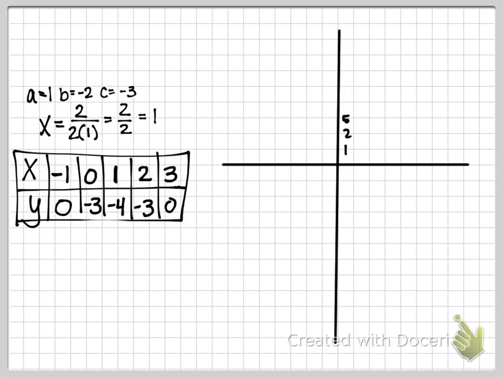You don't have to go much larger than that, because I know what my values are already going to be. All right, now I just need to start plotting my points.